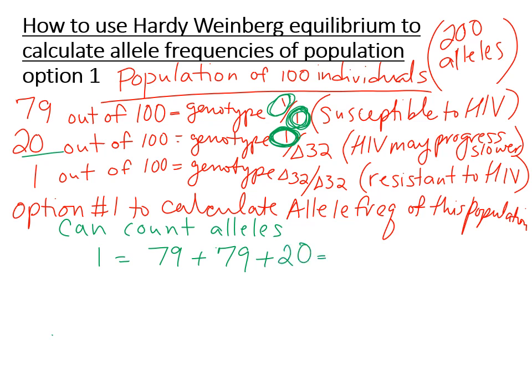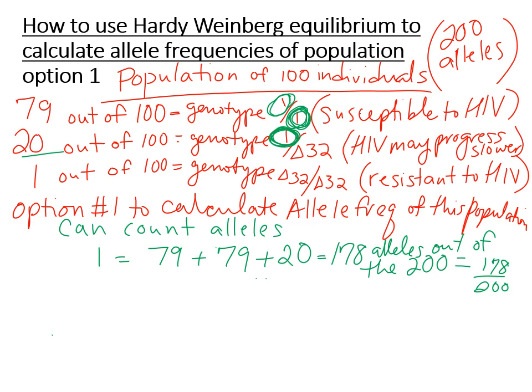That gives us 178 alleles that are number 1, out of the 200 possible alleles. So 178 out of 200, that's 178 over 200, which is equal to 0.89 or 89%.